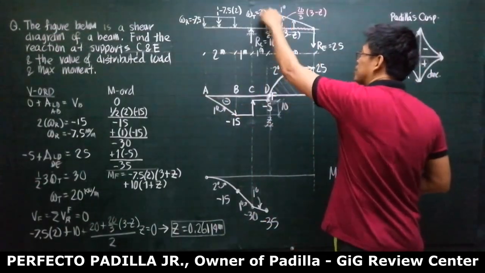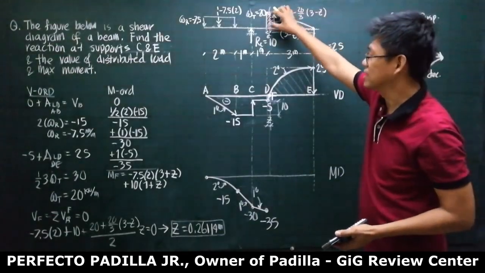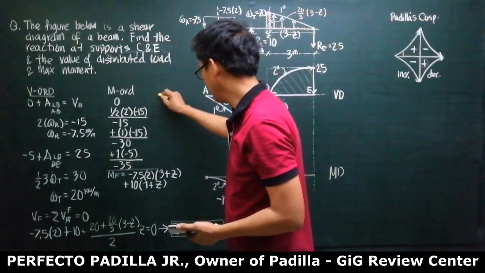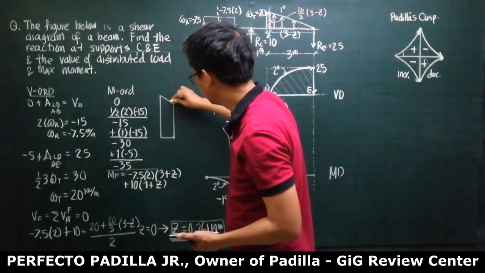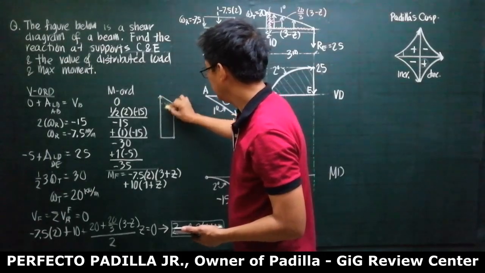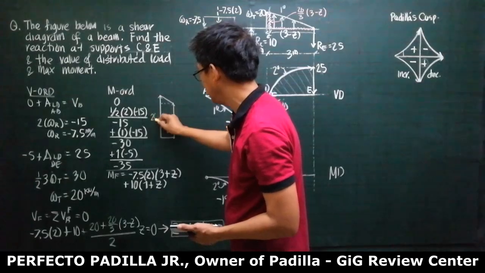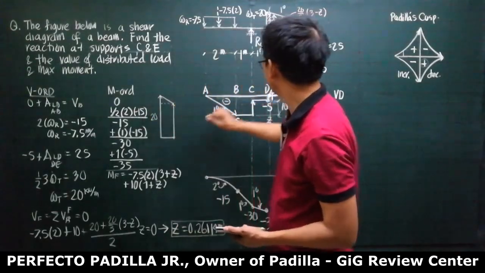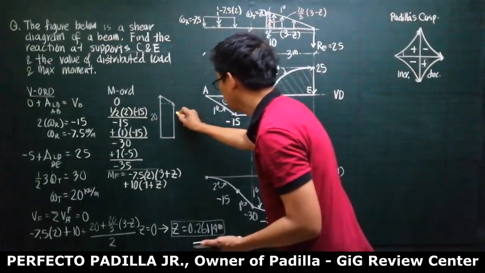Then, minus the moment due to this. Let me magnify this. So, it is something like this, right? And it is upward. So let me split this into 2. This is 20. But what is this? This is 20 over 3 times 3 minus z.